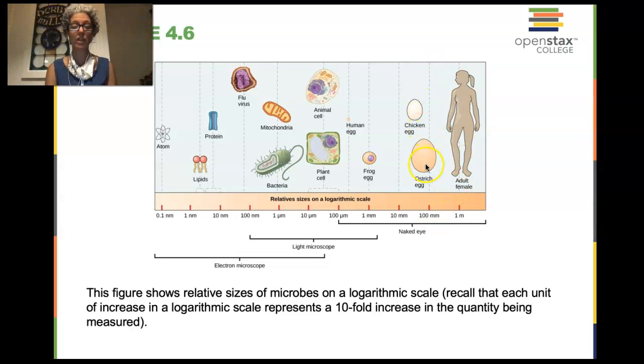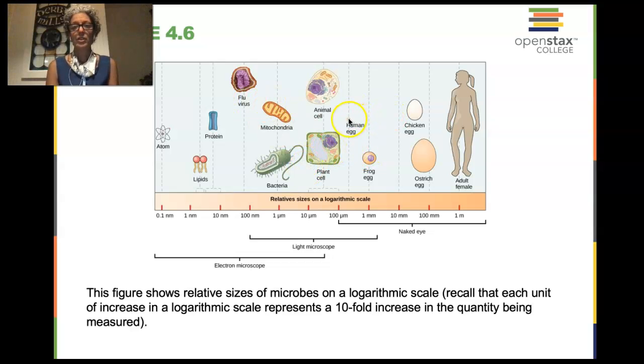So chicken eggs, ostrich eggs, pigeon eggs, reptile eggs. Frog eggs are about 1 millimeter, indicating these are things that we could see with the naked eye. Obviously, a human and chicken eggs. Frog eggs look like little gelatinous bubbles that collect along the edges of freshwater resources, some ponds, even some rivers.